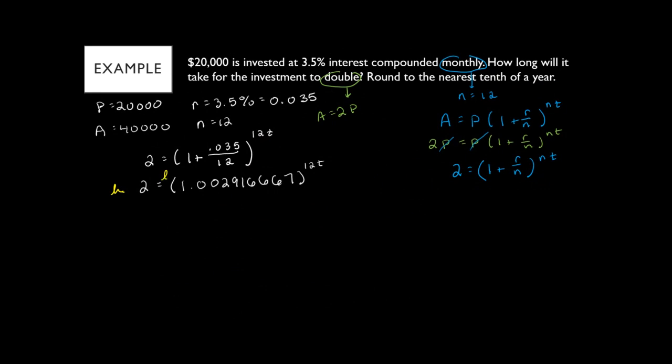So we're going to take the natural log. We have the natural log of 2 equals the natural log of this number. Let's say we round this number to 5 decimal places just to be safe: 2, 3, 4, 5. That would put my line between the 1 and the 6, and the 6 would cause us to round up so that 1 will become a 2.